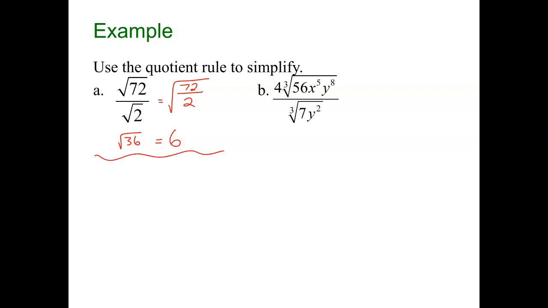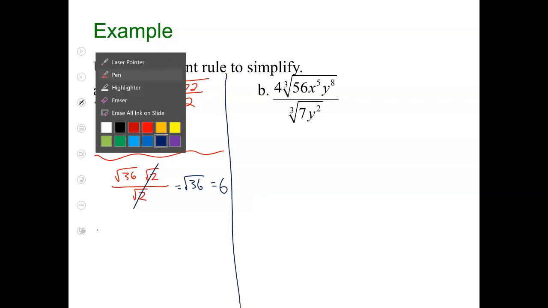Alternately, we could have split this apart as the square root of 36 and the square root of 2. Now I have common factors in my numerator and denominator. I can eliminate those and I still end up at the same result. Either way is fine. Knowing how we can manipulate the equation, often in a couple different ways, gets us the same end result.